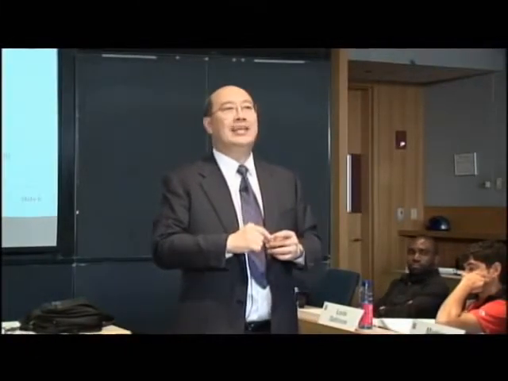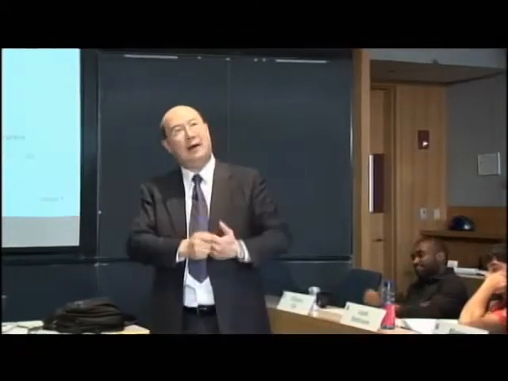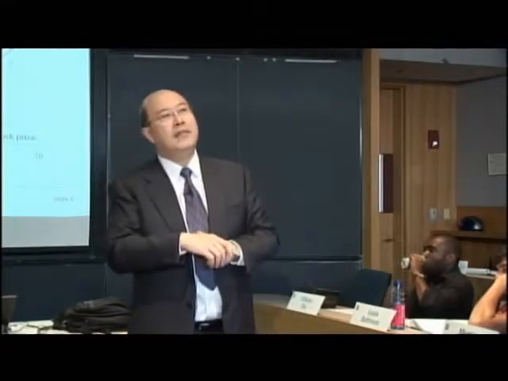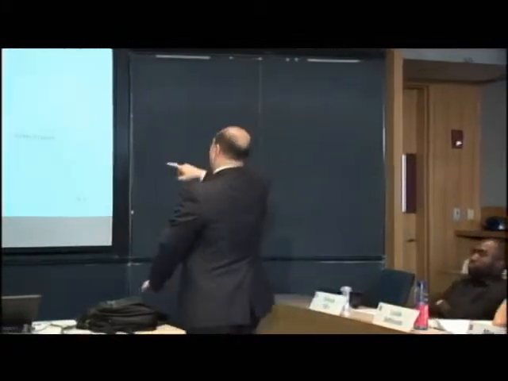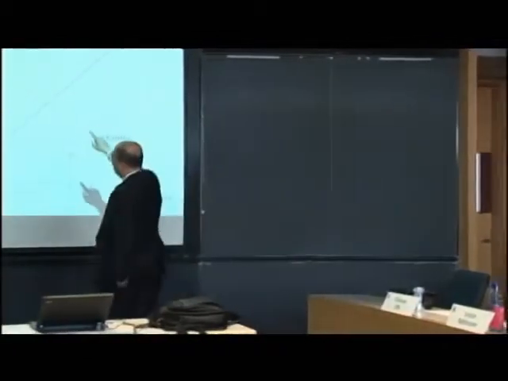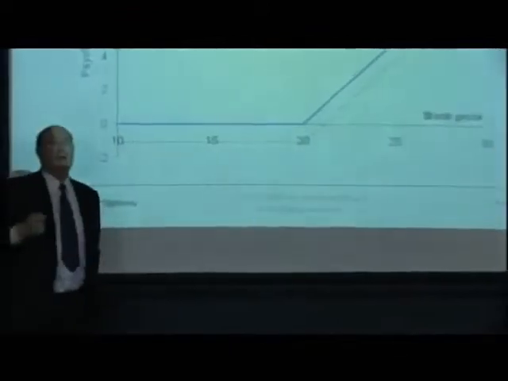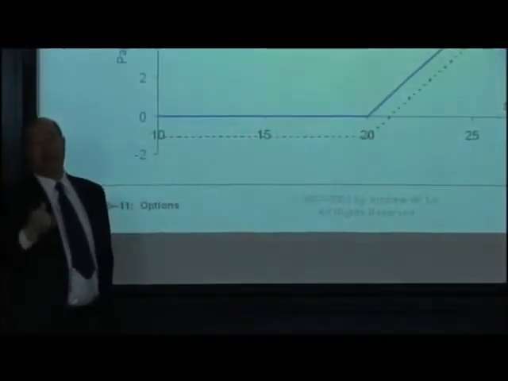And so the net payoff, that is, if you were buying the call option and paying a certain amount of money, then the net payoff to you would be given by the dotted line, which is the blue line, but you subtract from it the value of the premium that you paid.